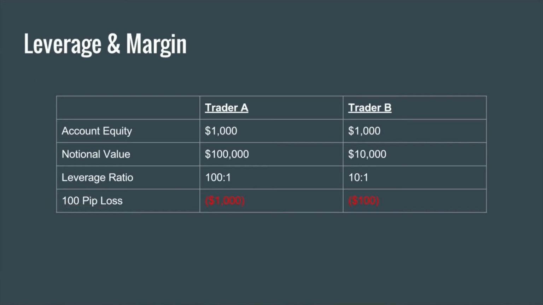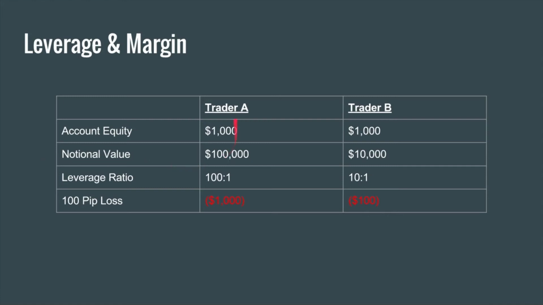So let's go ahead and look at the potential effects of using leverage. The use of leverage can have extreme negative effects if not used properly. So here's an example of a trader using appropriate leverage versus a trader using excessive leverage.